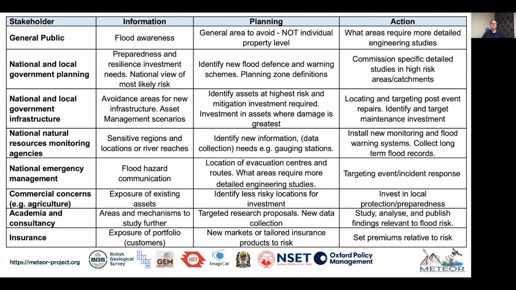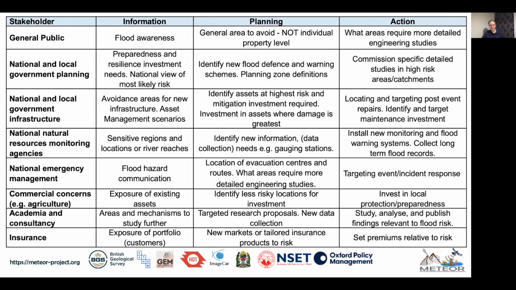You will see from this table that the information produced by these flood models is very useful for things like flood awareness programs, flood hazard communication, and identifying areas and regions that are likely to be at risk.